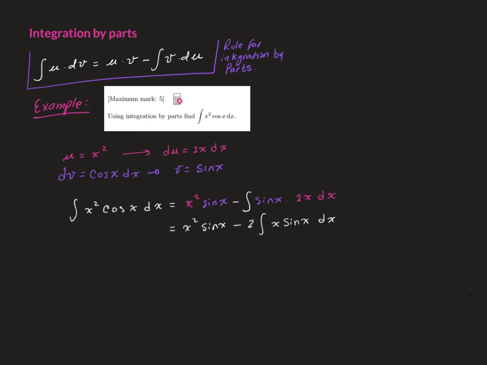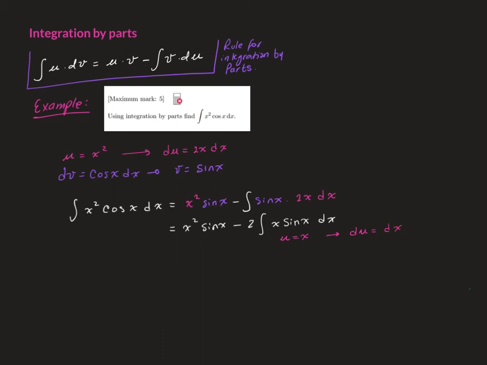Now the problem was simplified when I did this substitution, but I still have an issue with this integral. I still don't know how to integrate this. So I'm going to use parts only on this integral one more time. Just for that last integral, I'm going to define u as x, and then the differential of u is going to be equal to the differential of x, so du is dx.